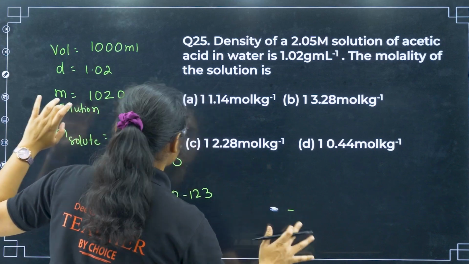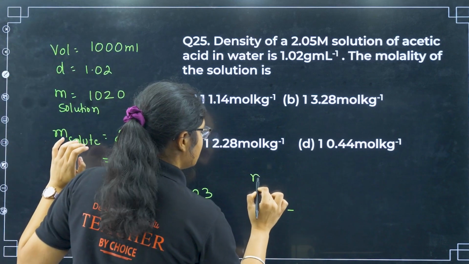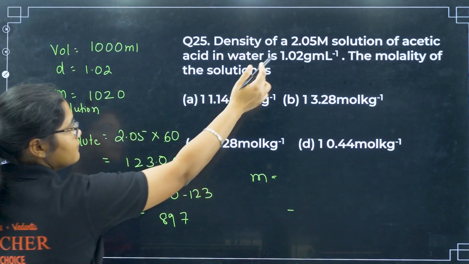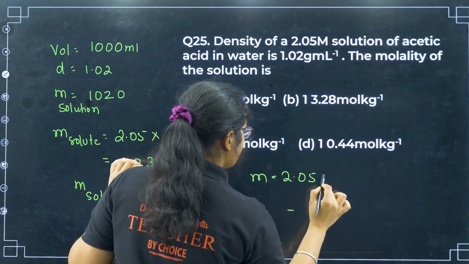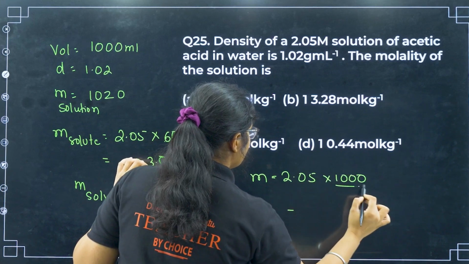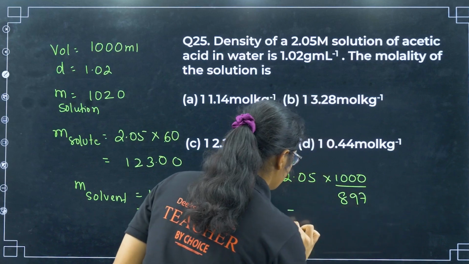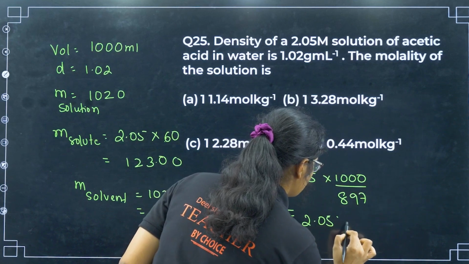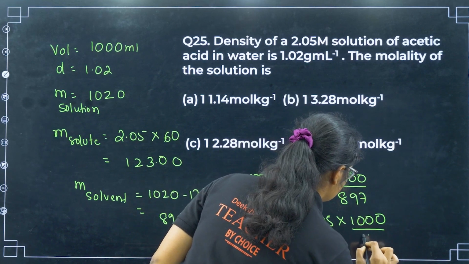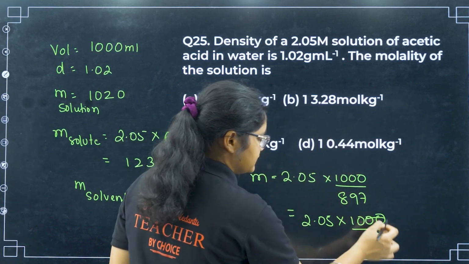Now let us calculate the molality. Molality will be equal to the number of moles of solute, which is 2.05, into 1000, divided by 897, the mass of the solvent. I can write it as 2.05 into 1000 by 900 for easy calculation.